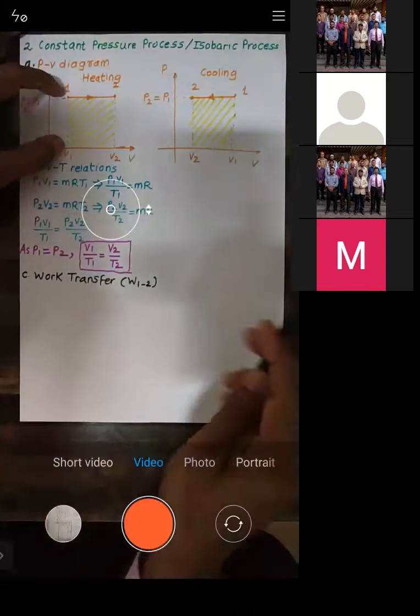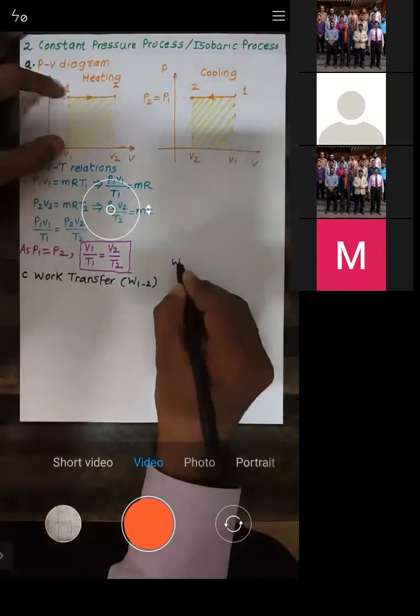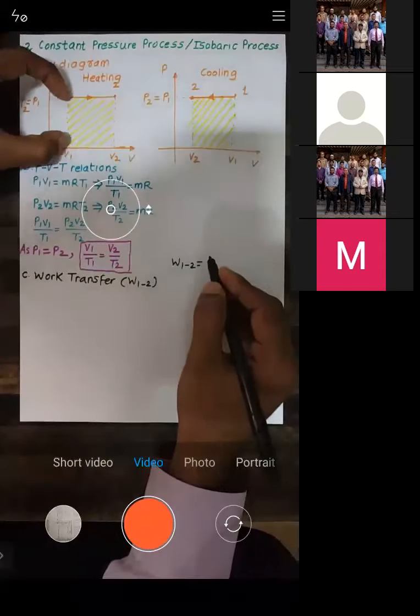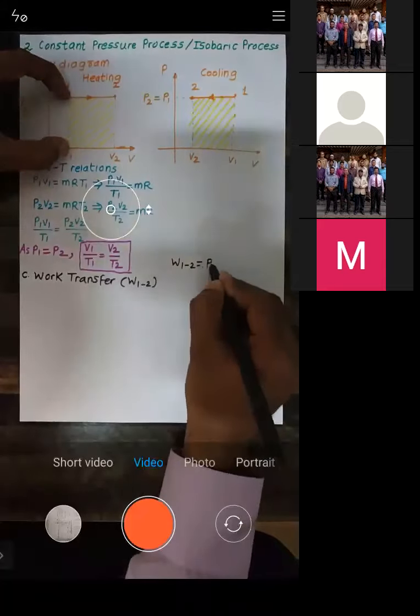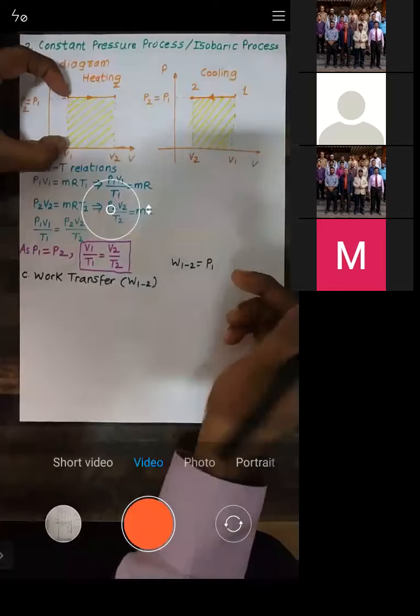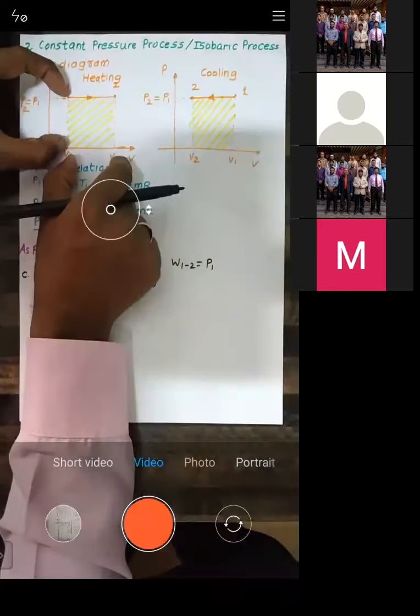I will just do it roughly. How will we calculate W12? W12 is given by, see, what does this side measure? It measures P1 or P2, right? The height is P1, and it is the same as P2. And what is this side? It is V2 minus V1.